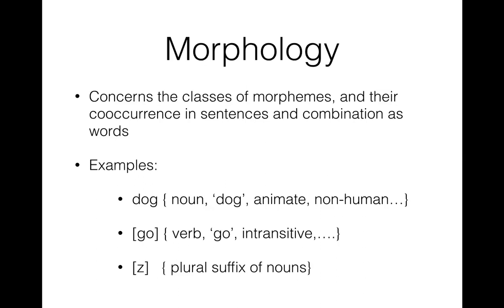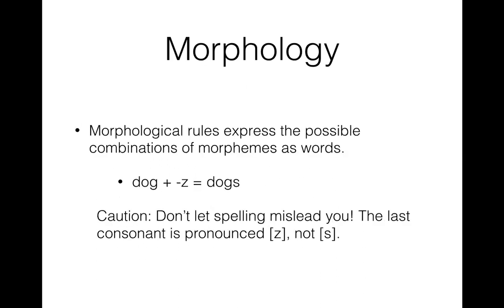And z is the plural suffix of nouns. So when you have a boy, you have boys, right? Even though you see that written as an S in spelling, in phonology it's actually a z, a voiced sound. That's why I've written that as a z and not as an S, because that's the phoneme, that's the phone. So that's a plural suffix of nouns.